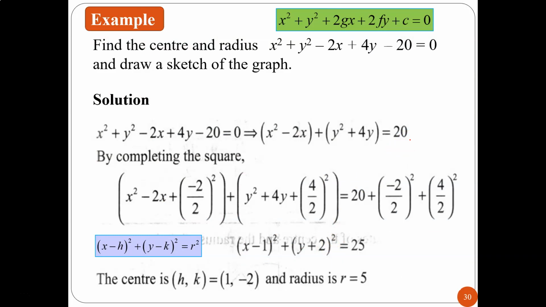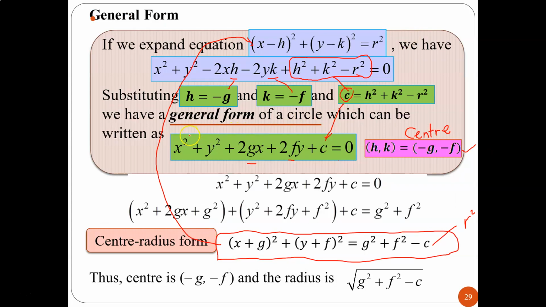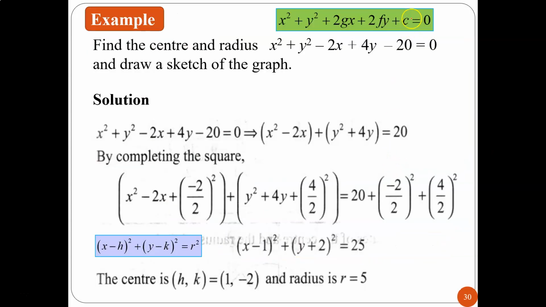Okay, now let's see the example. So we have this form actually, x squared plus y squared plus 2gx plus 2fy plus c equal to 0. Where does this equation come from? It comes from this one, the general form. See? This is the general form, okay?